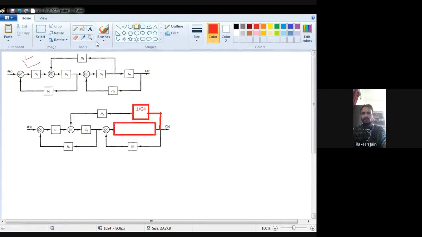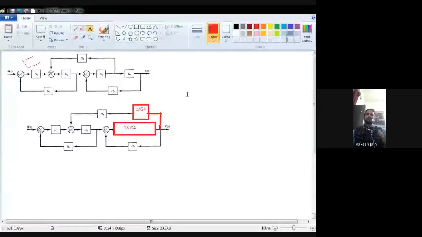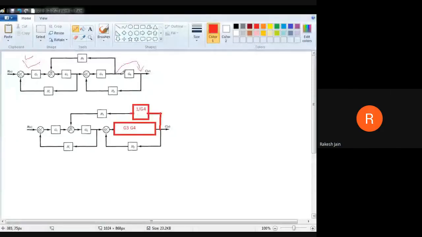What are the gains of those blocks? One is G3, one is G4. So we just multiply them, and instead of these two blocks, only a single block will come, whose gain is G3 G4.